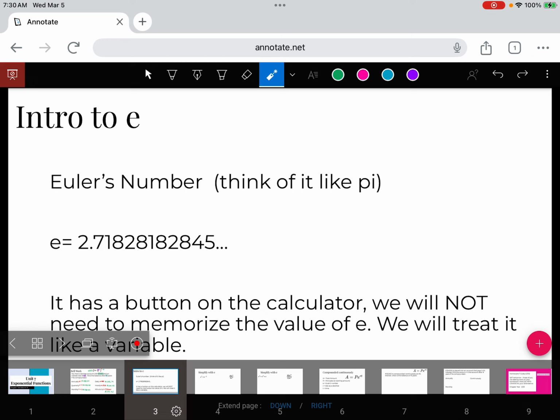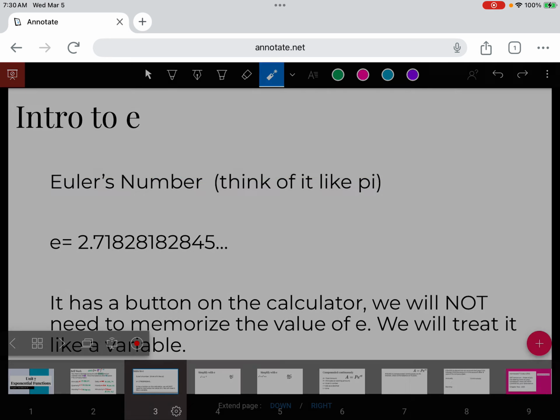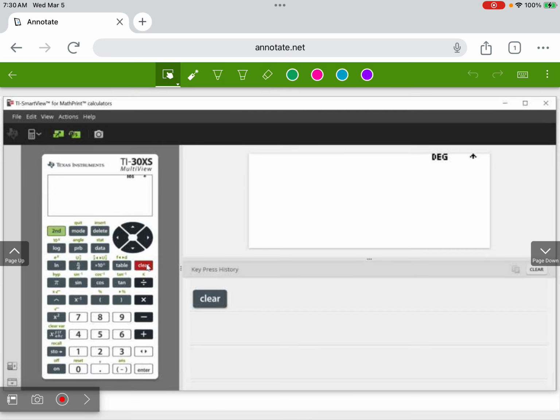This is what it is. It's another non-repeating irrational number, very similar to pi. It's just called e. It is, in fact, a button on the calculator, because we are going to be using it always with exponents. So I'm going to pull up the calculator, and I can show you where it is. E is if we hit the green button up here, and then the little one that has a lowercase l and an n.